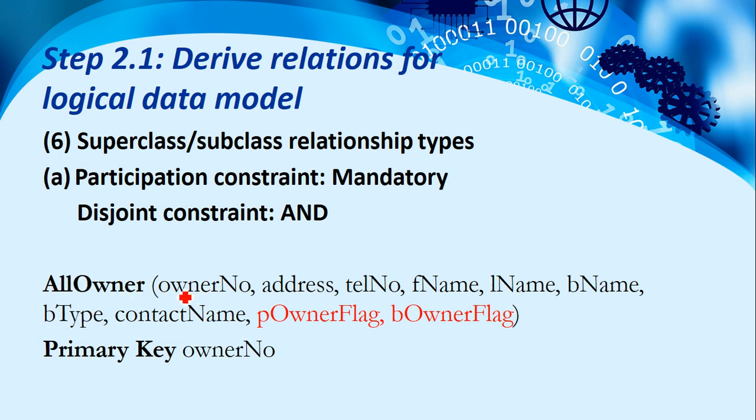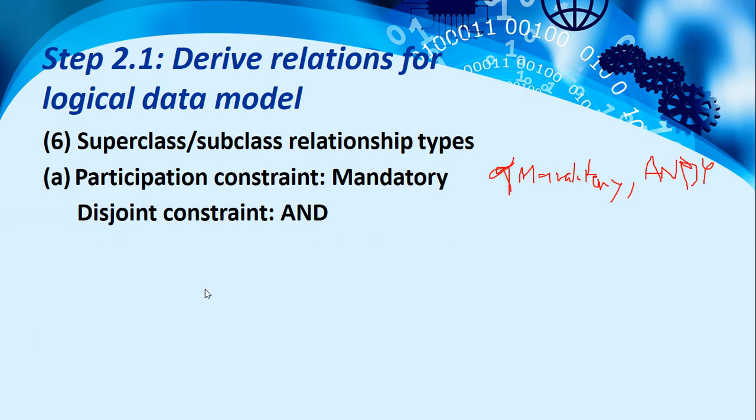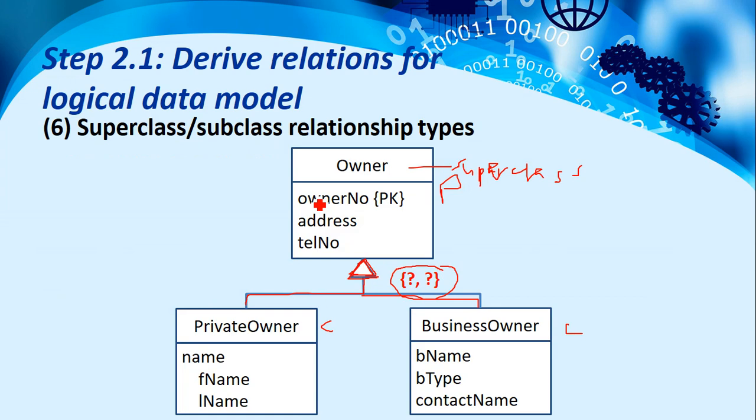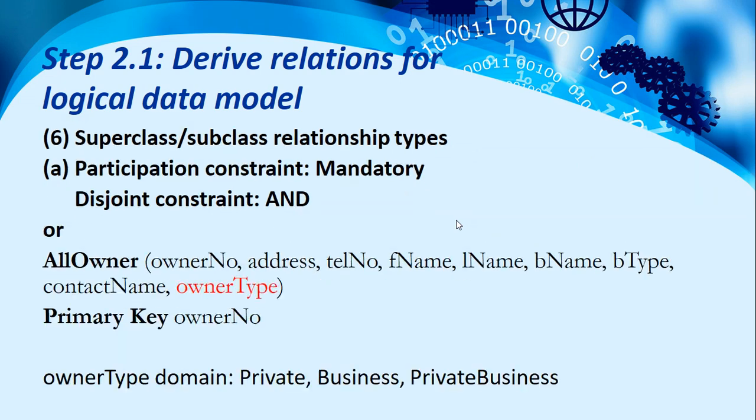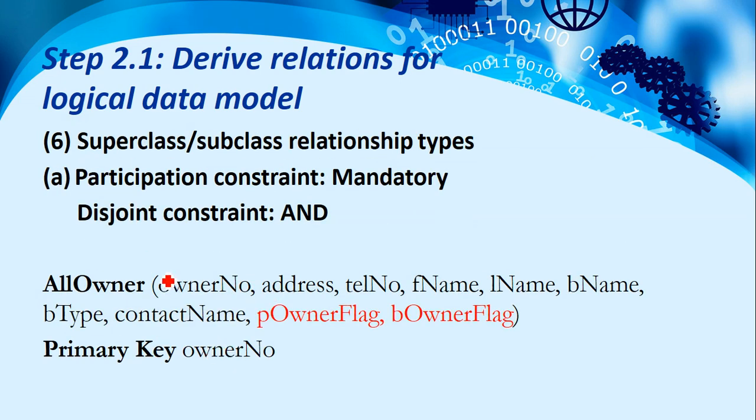And then, yung nangyari is, lahat ng mga attributes, ito, they are listed down into this as a single. So kaya itong owner number, owner address, telephone number, this is from the owner na superclass.